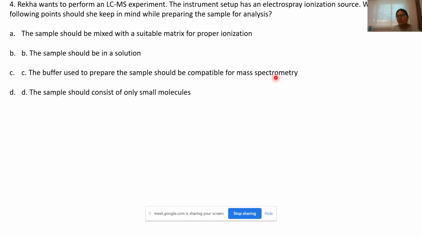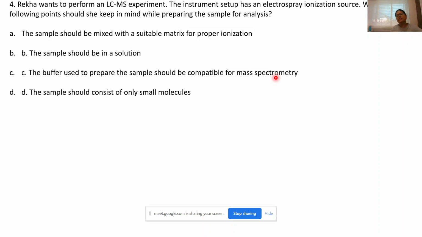So you should also take this into account whenever you are preparing your samples. Generally, whenever you are reconstituting your sample in some kind of buffer before injecting it into the mass spectrometer, the buffer which you are using should be compatible to the mass spectrometry.